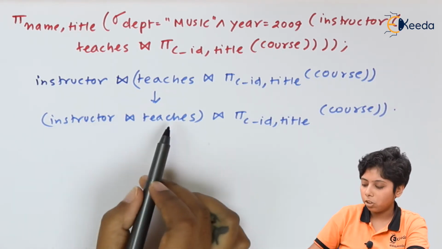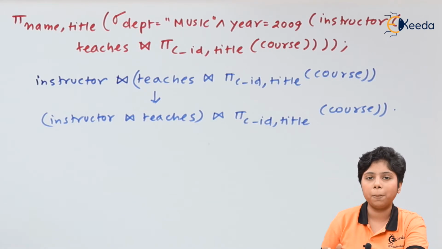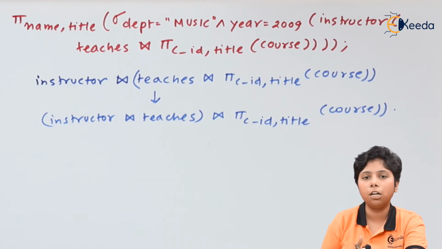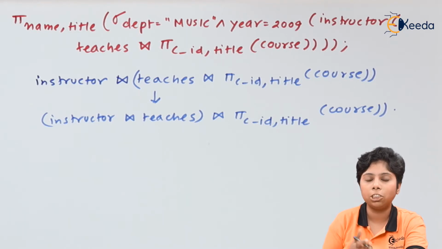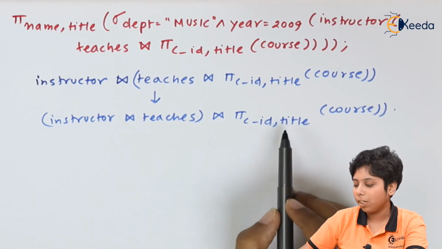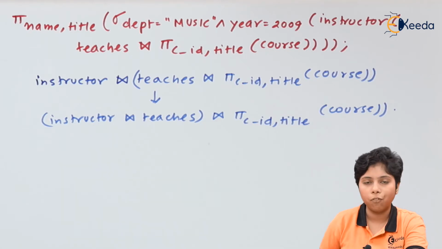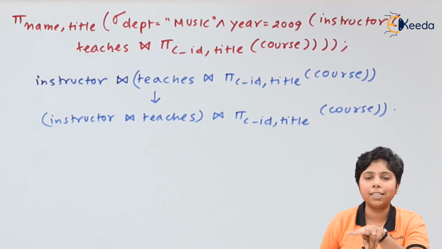So the instructor joined teachers is there because the department name music and the year 2009 belong to the year and department of this teachers and instructor, while we can project the CID and title from course. So we have made this explanation.